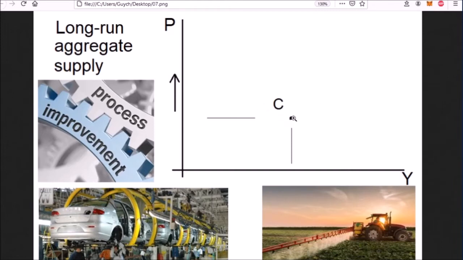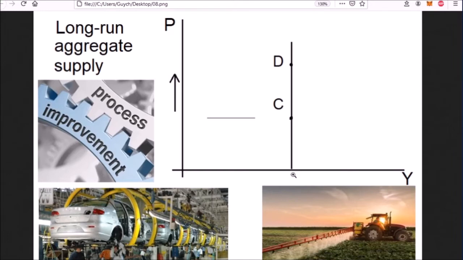What's changing is only the number of zeros on the dollar bills, but the values of real economic indicators are simply where they are. Hence, this point C moves upwards with higher prices, but the real values on the horizontal axis don't change, giving us a vertical long-run aggregate supply curve, or LAS.